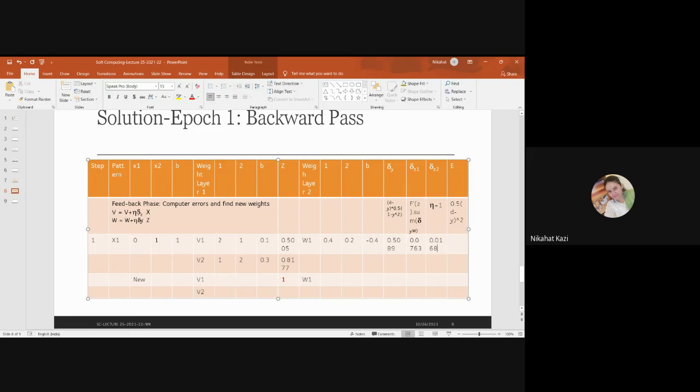So if you are updating the hidden layer weights, it is delta z times x. Okay, x, this vector. So multiply the delta z. Delta z is given to you. You have just computed.